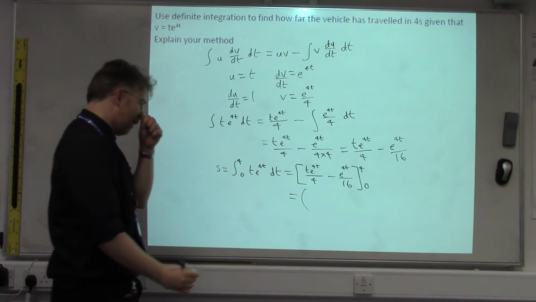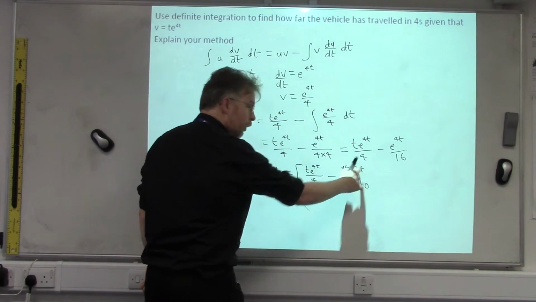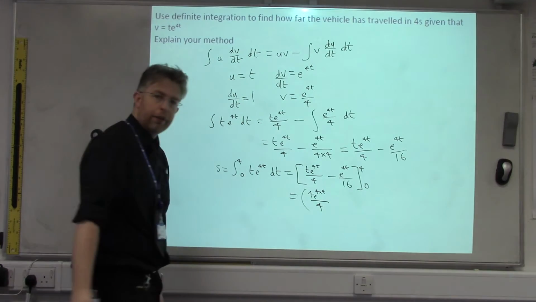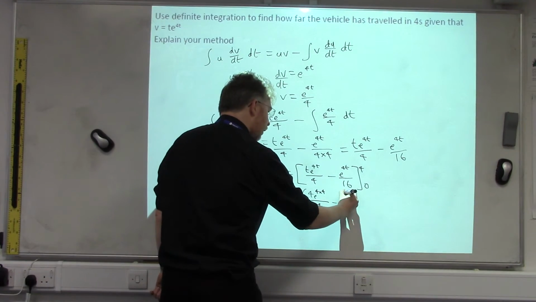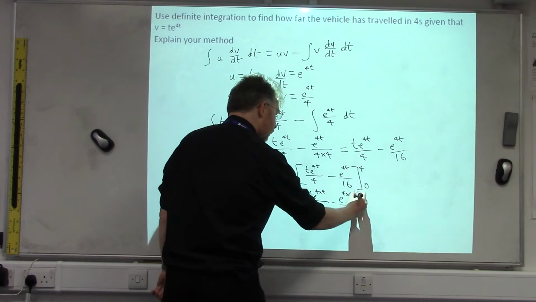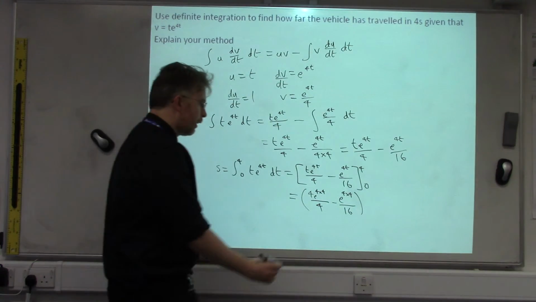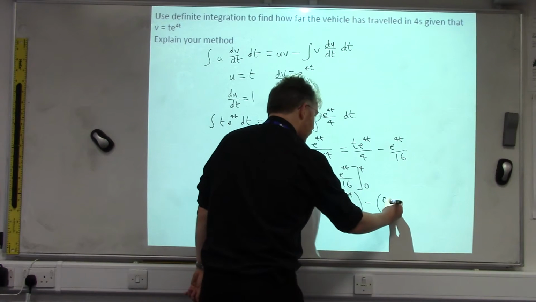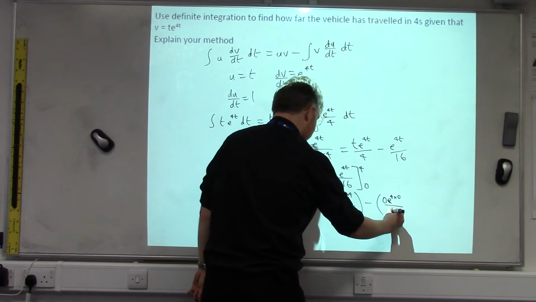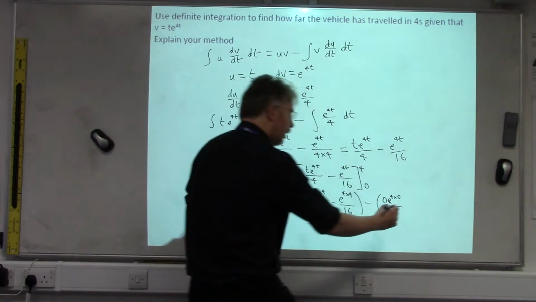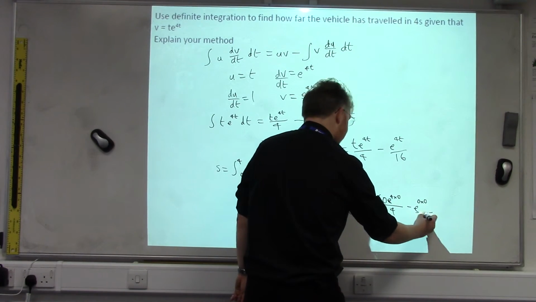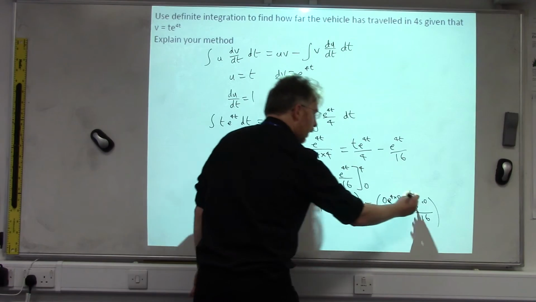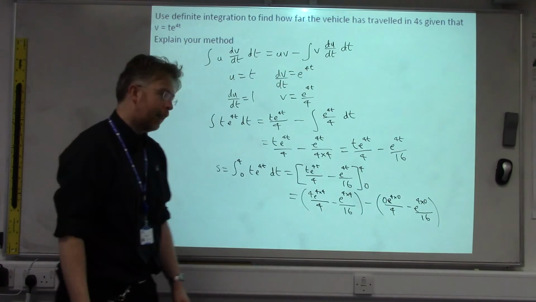Equals, put the 4 in for t, so 4's the top limit, so 4 e to the 4 times 4 all over 4 minus e to the 4 times 4 over 16, close bracket, minus, open the bracket, put the 0 in, so 0 times e to the 4 times 0 over 4 minus e to the 4 times 0 over 16.